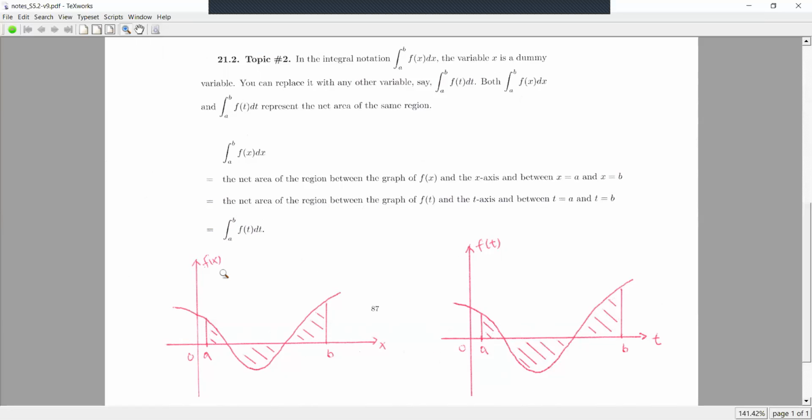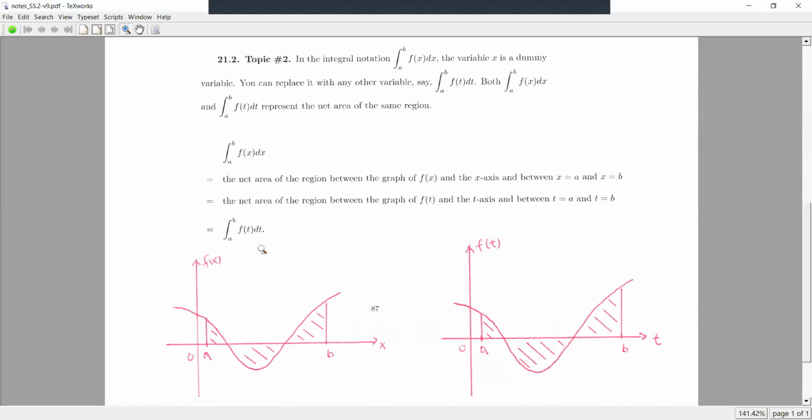But because the two functions are essentially the same function, these two shaded regions are essentially the same region. So this is the net area of this region, and this is the net area of this region. So these two regions are the same region, and these two integrals are equal.